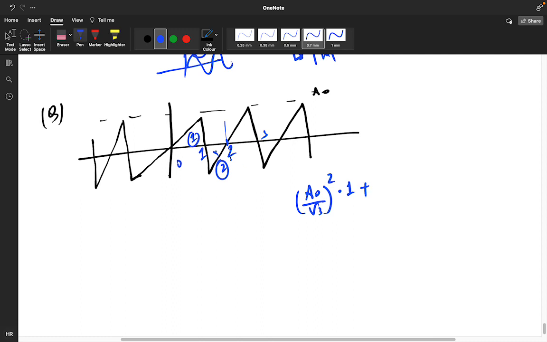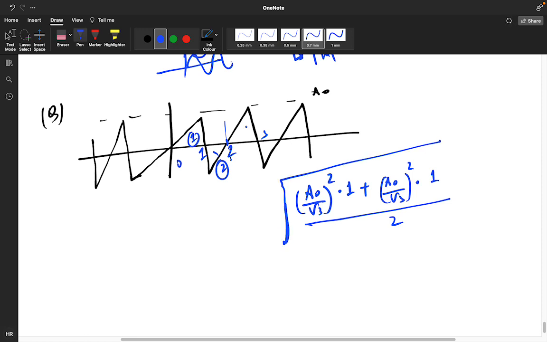The second triangle is also a0 by root 3 the whole square, times time 1. Overall time is 2, divided by 2. If you take the root, it becomes the RMS value; if you leave out the root, it gives you the power value.